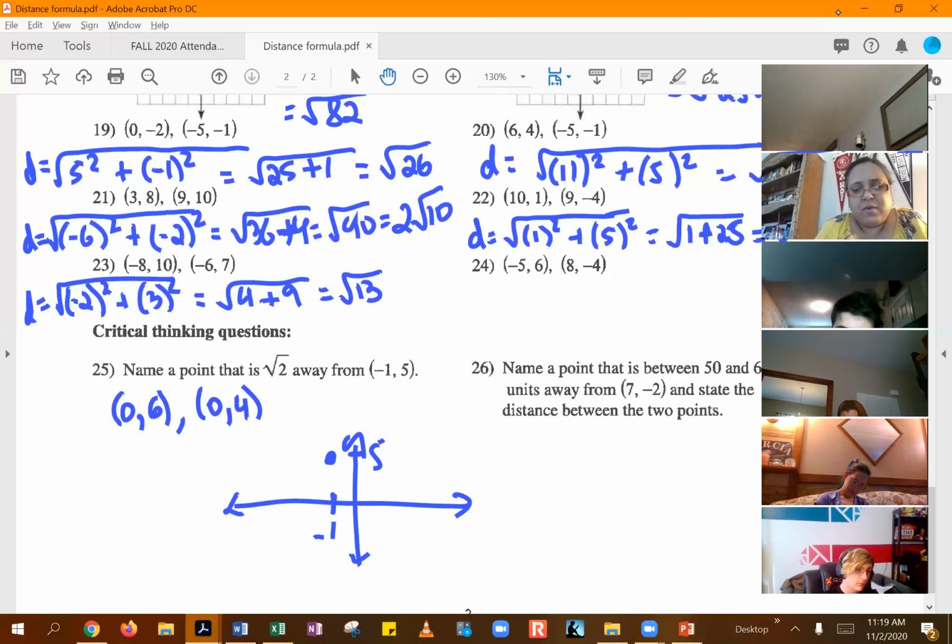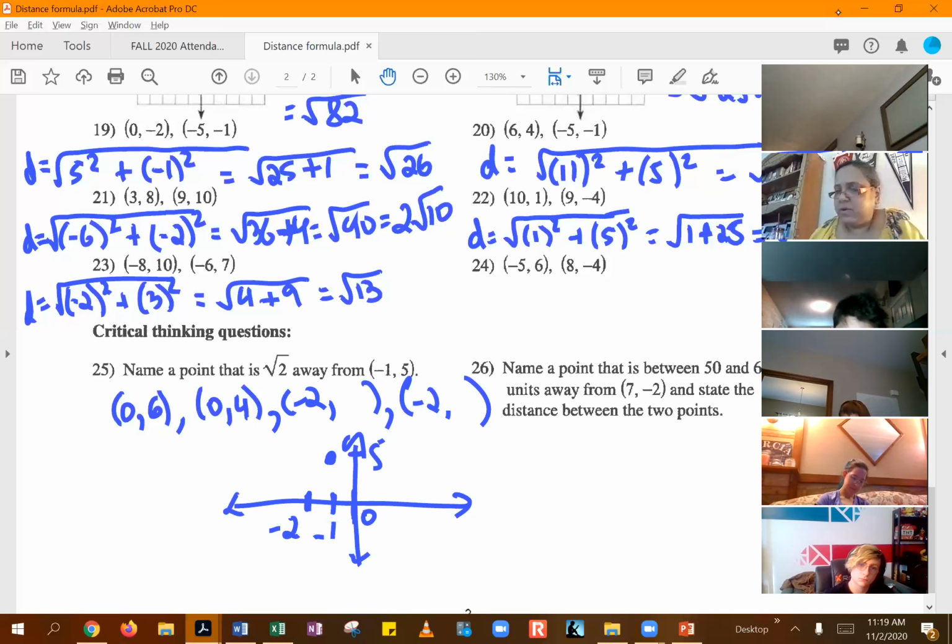So if you're going 1 unit to the right to get 0, technically you can also go 1 unit to the left and you can still have -2. So technically you can also have ordered pairs with -2 in there. And obviously you would still use 6 and 4 because they would be 1 above or 1 below.